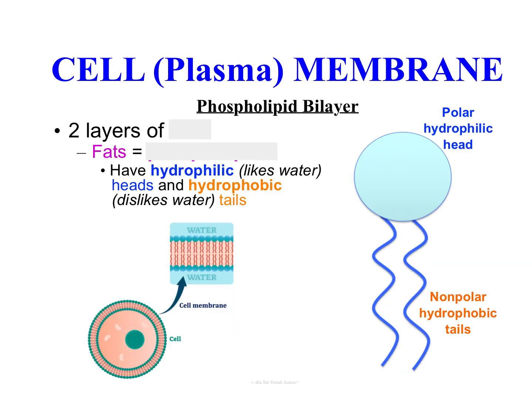And here we can see the structure of our cell membrane, or the phospholipid bilayer. So we know that it is made of two layers, as it is a bilayer, so it is made of two layers of fats, and these fats are specifically our phospholipids. So if we recall from the last section, we have our phosphate here at the top, and then our two fatty acid tails, which is the lipid portion.